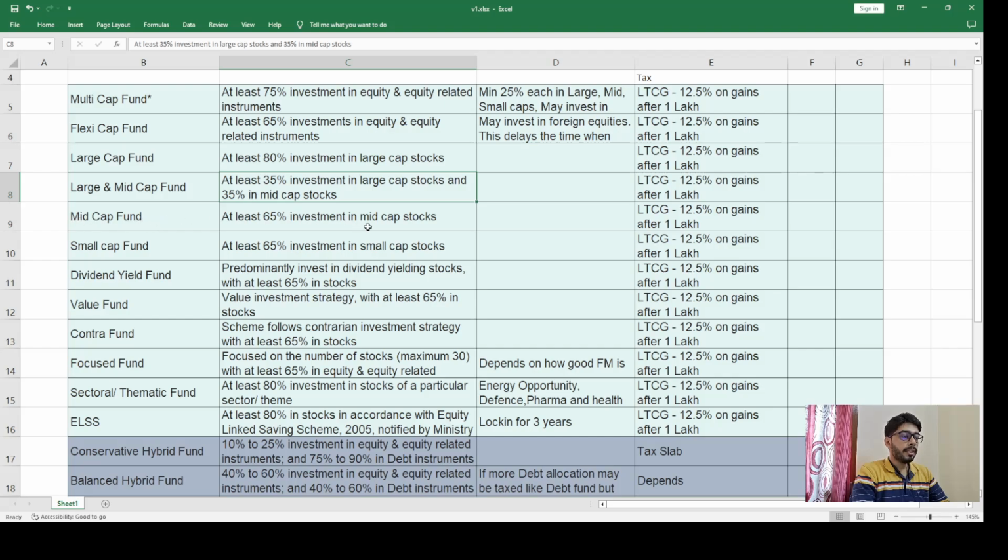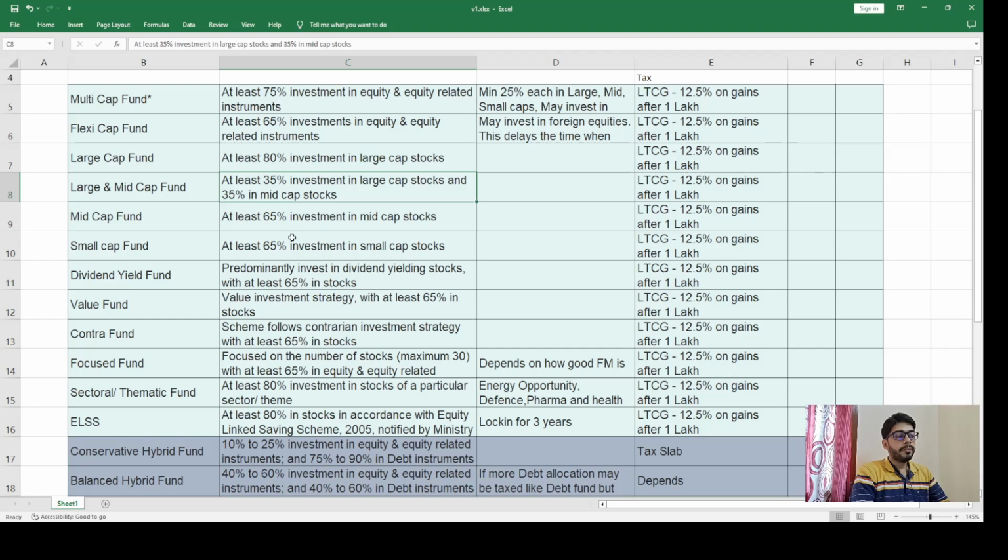In mid-cap fund, at least 65% of the investment has to happen in mid-cap stocks, and with small-cap fund, at least 65% of the investment has to happen in small-cap stocks. So mid-cap stocks are usually the 150 stocks after the top 100 stocks, and small-cap stocks are usually after the top 250 stocks.